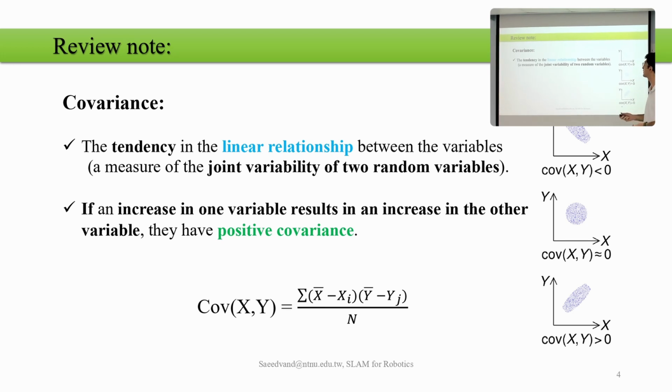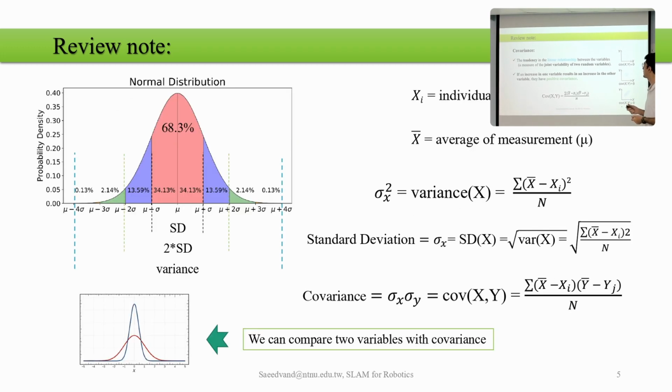Otherwise, that's very hard. So we talked about the covariance and how we can discuss the relationship between two random variables, and how, with an increase in one, it can affect the other variable.